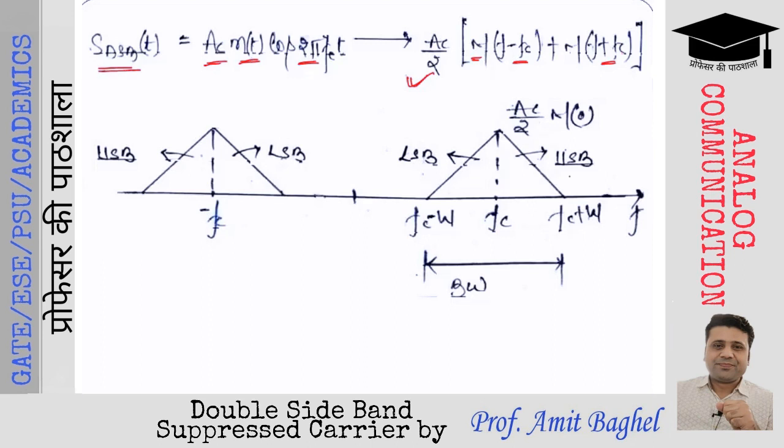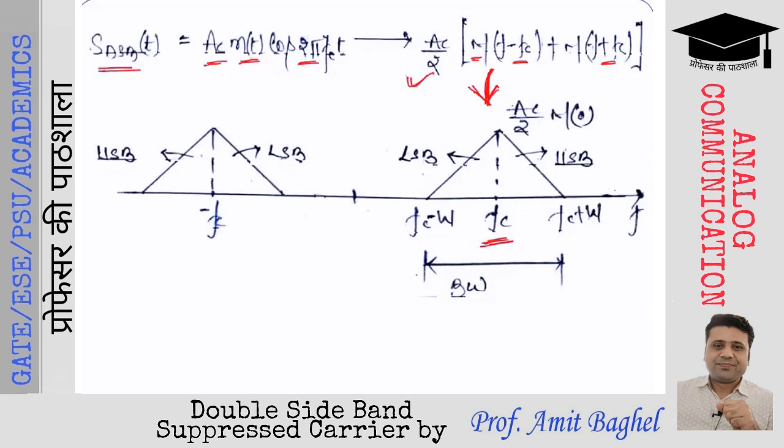So the spectrum M(f) का जो delayed spectrum मिलेगा, this will be M of f minus fc. This is the delayed form of M(f) with the center frequency fc. M(f) is delayed by the frequency fc.